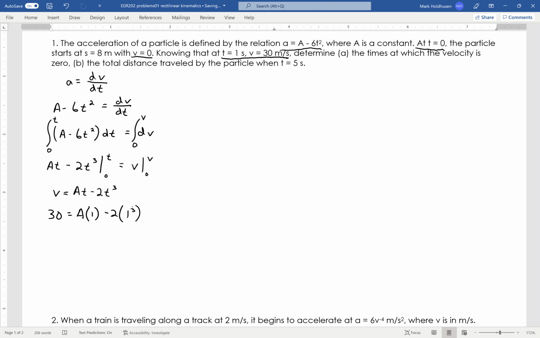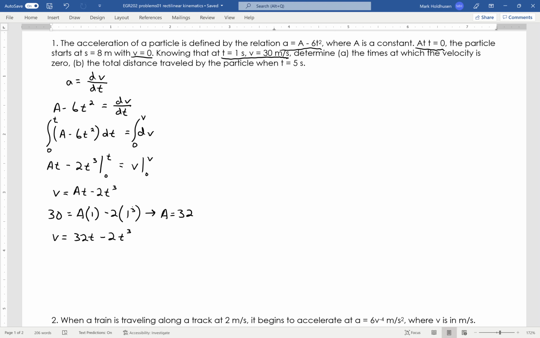And from that, I learn that A equals 32. So now my velocity equals 32t minus 2t cubed. Now I have an equation for my velocity as a function of t.